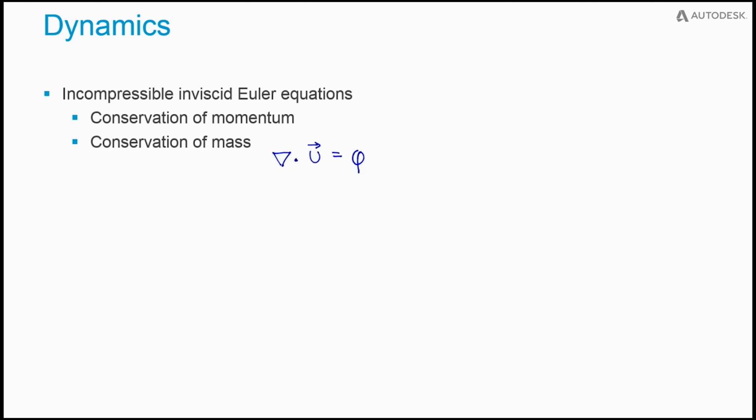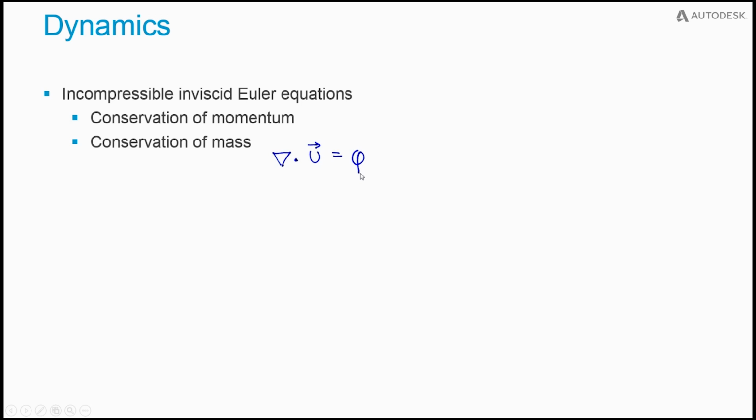Now, Robert already touched on the conservation of mass or conservation of volume, and you model it with the partial differential equation like this. The divergence of the velocity, which measures volume change, is equal to, in our case, something on the right hand side called phi. Now in the case of a smoke solve, phi would be 0.